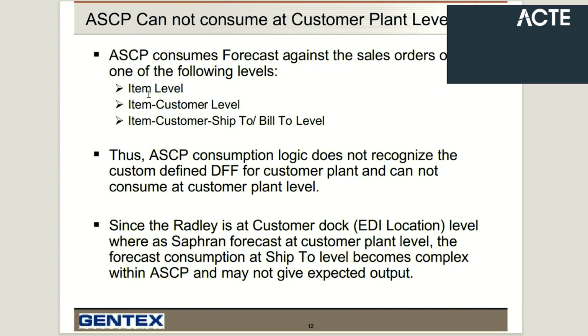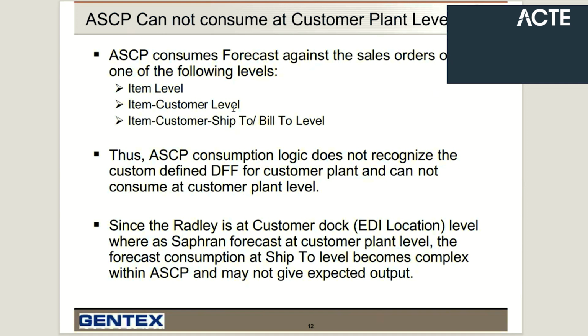Like that, you can just put that quantity into accountability and you predict. That is item level prediction. But I can say from this customer, we need to get this much amount. Then it comes as item customer level.